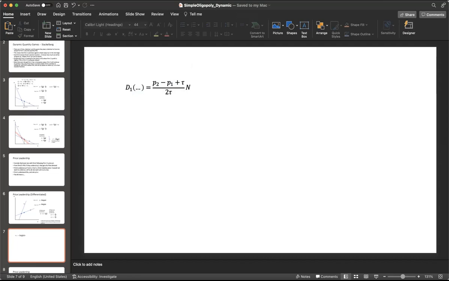Okay, there's a chat. Exactly. That is firm 1's demand function. If firm 1's price goes up, what happens to demand? It goes down, right? So this is just your demand function. Now, what we said is that it will face a constraint. Remember? And the constraint is P2.